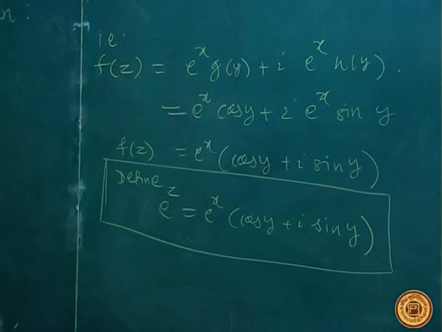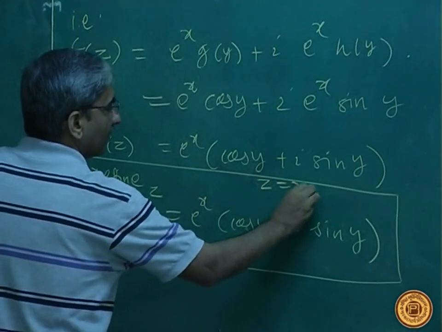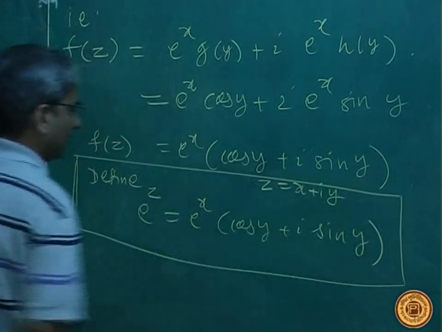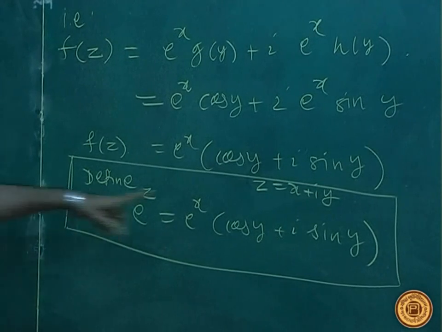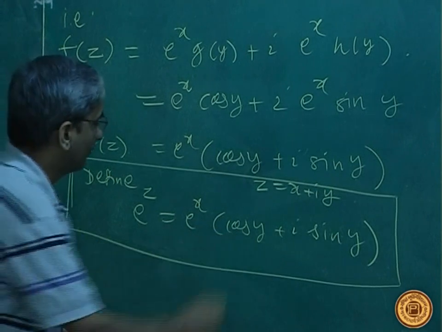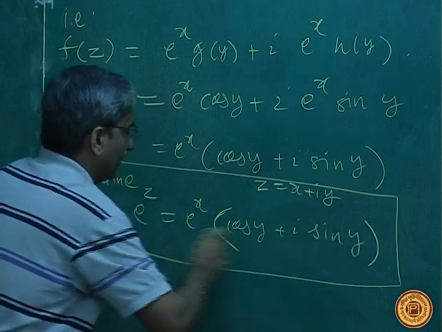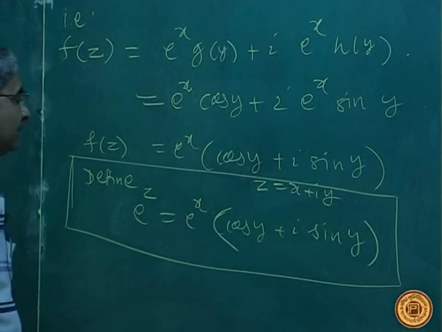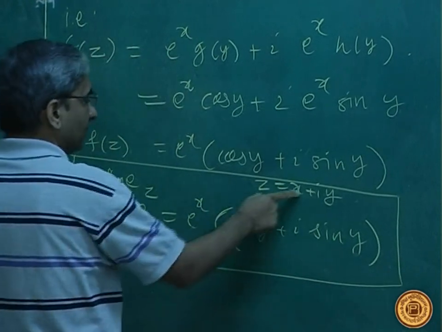So for z = x + iy, e^z is e^x times this bracket, cos y + i sin y. e^x is common outside. So this part depends on y and this is e^x.